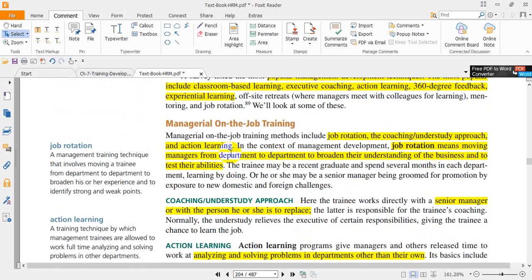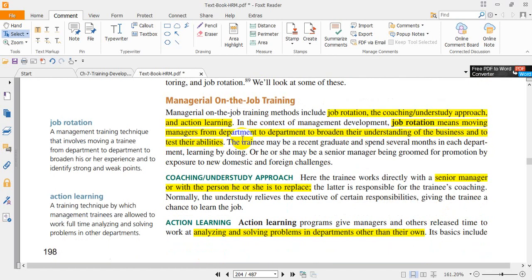So the first technique is managerial on-the-job training. And let me first explain that there are on-the-job training techniques and off-the-job training techniques. On-the-job training includes three methods, three techniques you can call them: job rotation, coaching or understudy approach, and action learning.